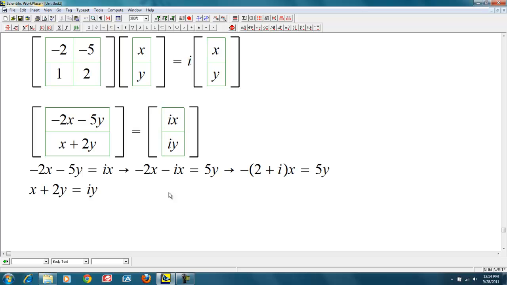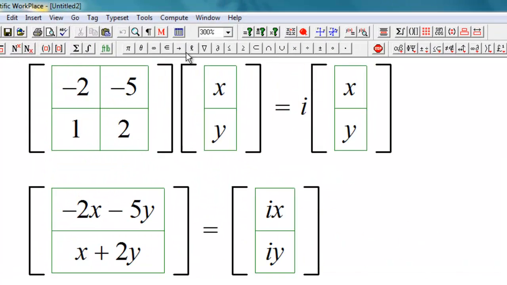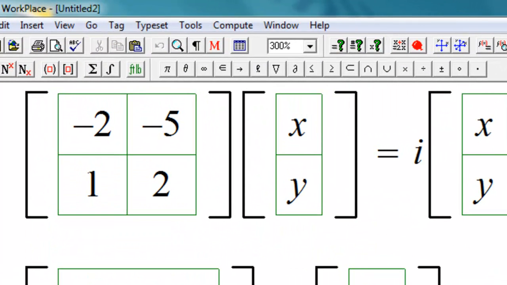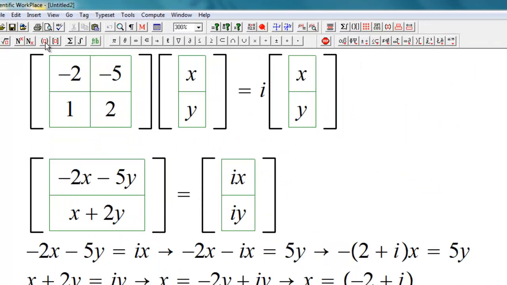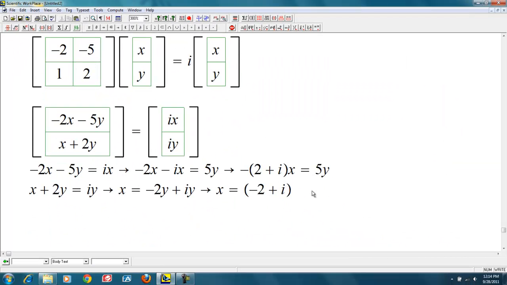Let's look at this guy. So in this case, what happens? We got x equals negative 2y plus iy, right? And then x equals negative 2 plus iy. All right? Are we good?